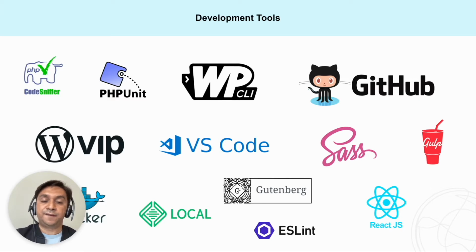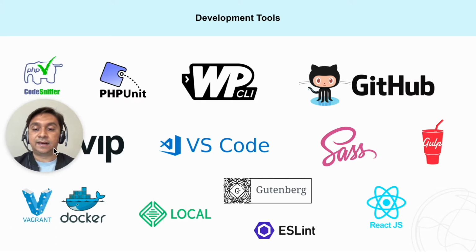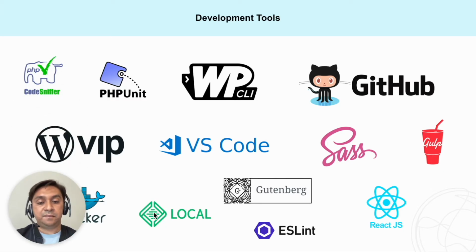For example, if it is a WordPress VIP project, we follow a certain coding standards of WordPress VIP, right? And we utilize development environments like Vagrant or Docker, and many a times Local by Flywheel also.